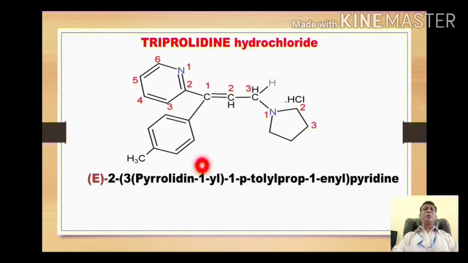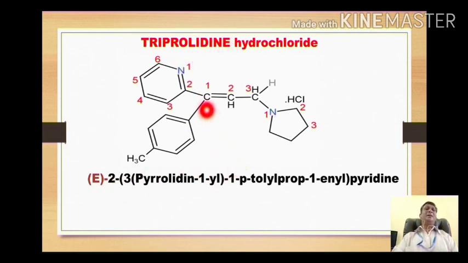Dear students, if we look at the structure, we find the presence of a double bond between carbon number 1 and carbon number 2. Whenever there is a double bond, that means there is the existence of geometric isomerism. That's why triprolidine is available in its 2 isomeric forms, E and Z. So the therapeutically effective triprolidine has the E configuration.